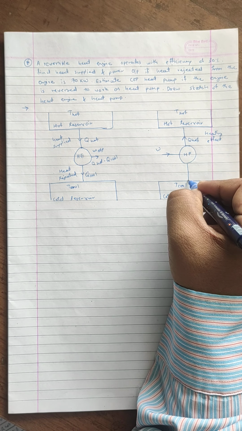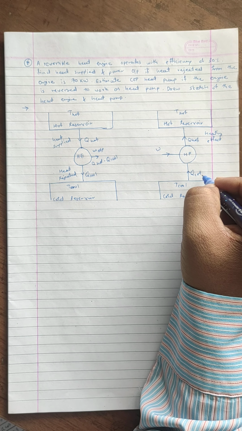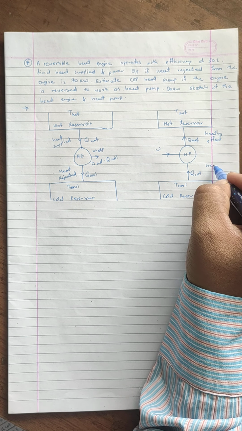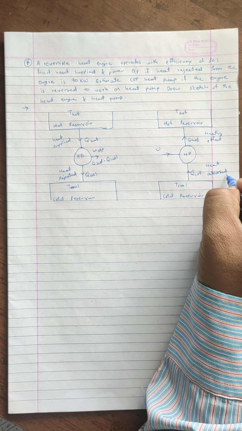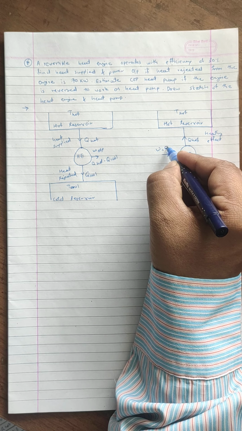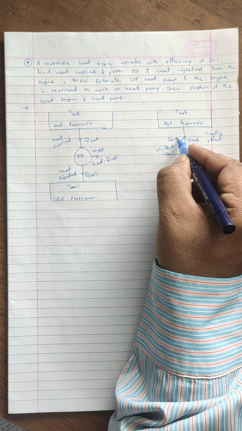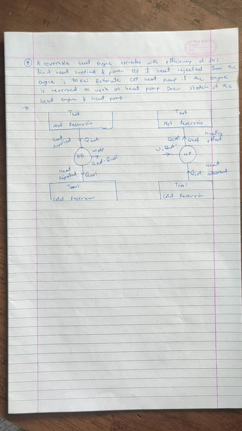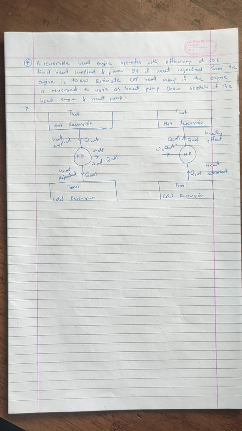Okay, and it will absorb heat from T cool, and this is what is the heat absorbed. So W will be equals to Q hot minus Q cool. Okay, so this is what is the heat engine and this is what is the heat pump. So let us solve the numerical now.